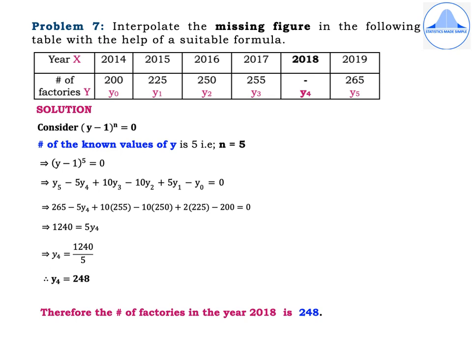Substituting the values of y, we get 265 minus 5y4 plus 10 into 255 minus 10 into 250 plus 5 into 225 minus 200 is equal to 0, which results in 1240 is equal to 5y4, or y4 is equal to 1240 divided by 5, which is equal to 248. Therefore, the number of factories in the year 2018 is 248.